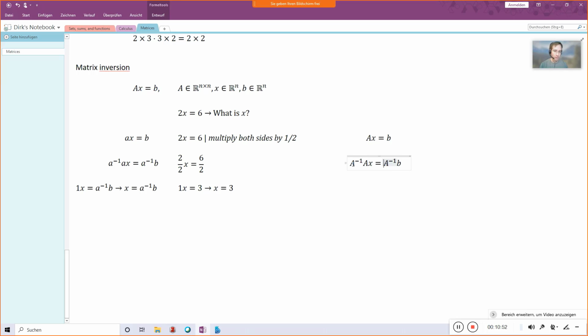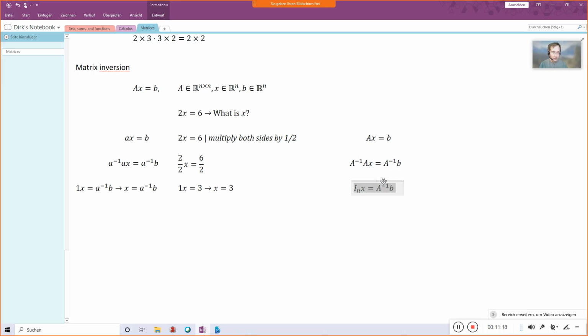So here we multiply on the left side of this, and this then in matrix terms yields the neutral element with respect to multiplication, which is the identity matrix. And the identity matrix is written like this. I'll tell you in a second what that is.